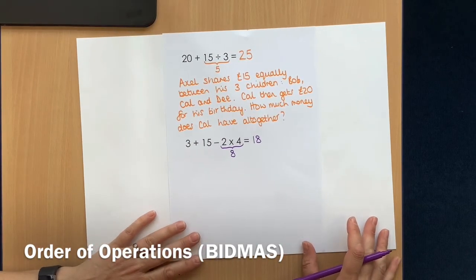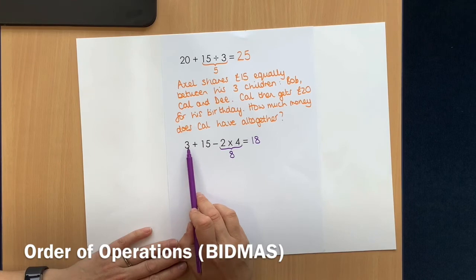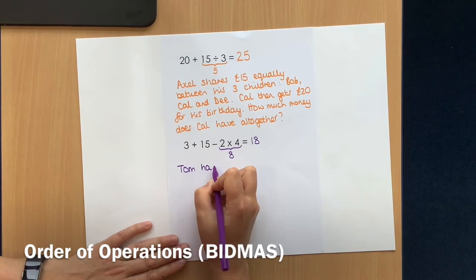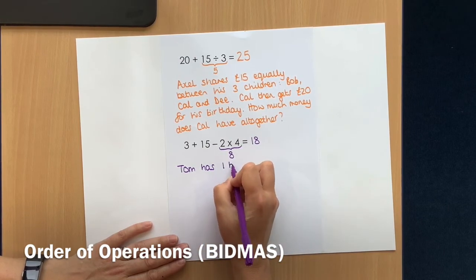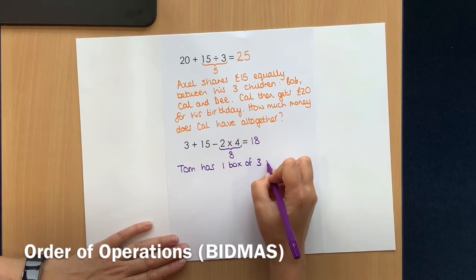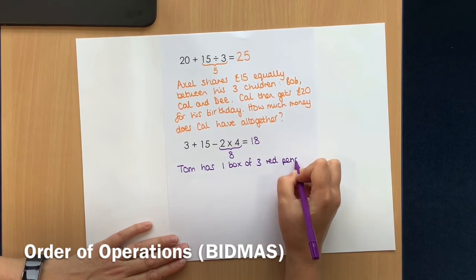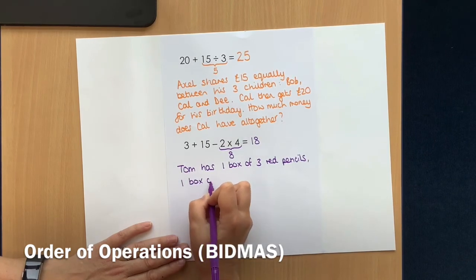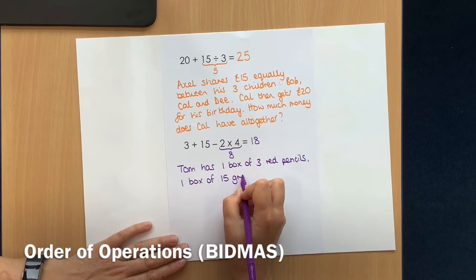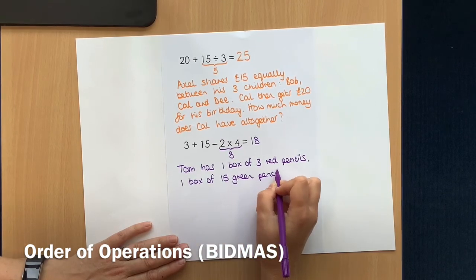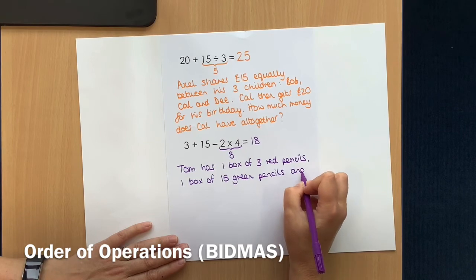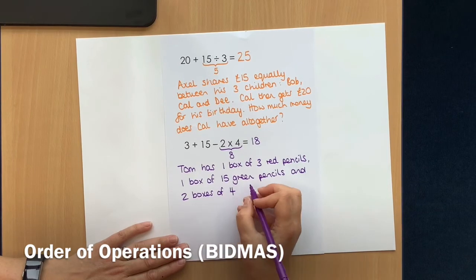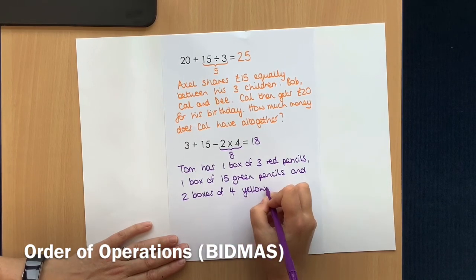Let's have pencils. So each of these parts of the calculation are going to represent pencils. So Tom has 1 box of 3 red pencils because we're always running out of red pencils, so there's not many left. He has 1 box of 15 green pencils and 2 boxes of 4 yellow pencils.